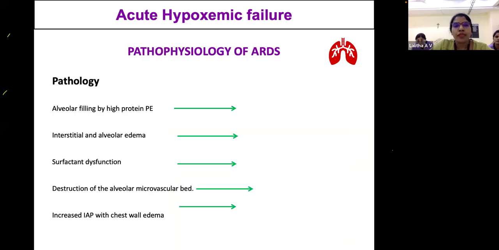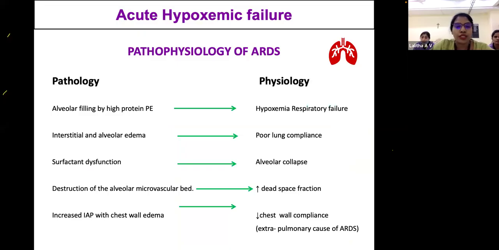Basically, one needs to understand the pathophysiology before we go on to ventilate this patient. Patients like in ARDS have a high inflammatory surge. As a result, they develop alveolar filling, high proteinaceous pulmonary edema, interstitial and alveolar edema, and they'll have surfactant dysfunction.